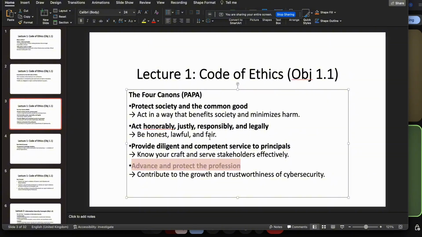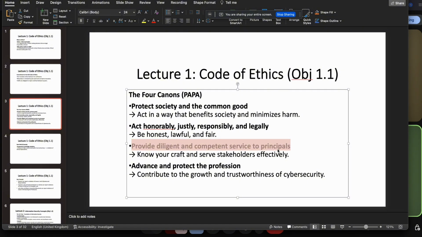So you need to remember the PAPA thing from here. From the next day you will take a pen and paper, it will help you. And the second thing you need to remember: only an employer, that means your company, can raise an issue or complaint against you under this 3rd clause, provide diligent and competent service to the principal.